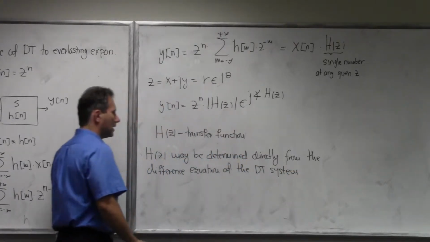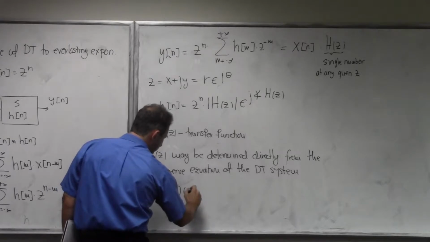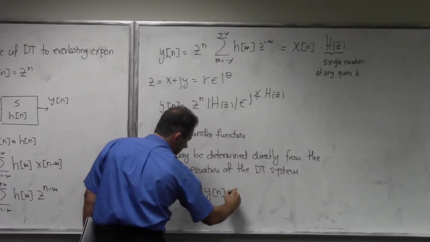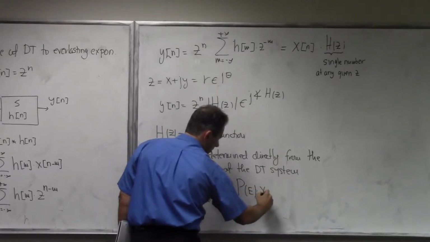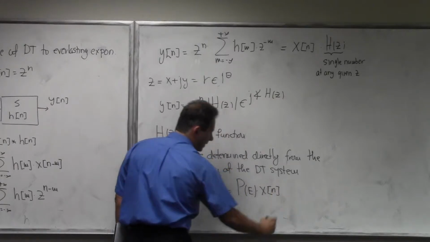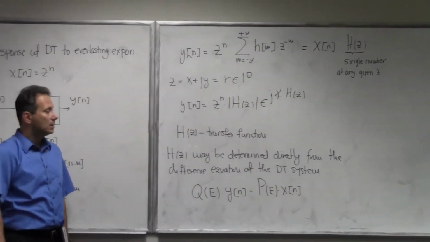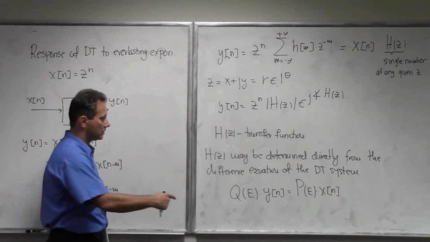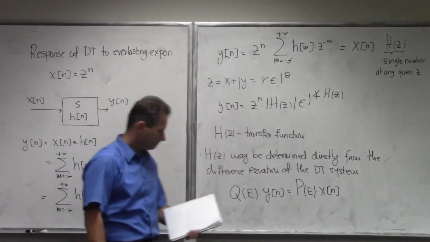So consider a difference equation that we write as Q of E applied to y of n is equal to P of E operating on x of n. These Q of E and P of E are polynomials, right? They're operator polynomials. They just operate on the output and input to produce this difference equation.